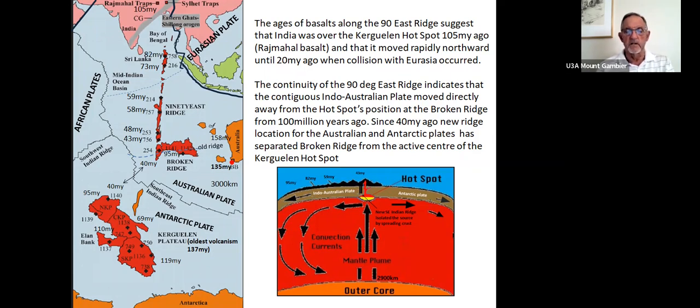If you think of a little diagram like that inset, where the plates today are separating from the Antarctic ridge, which is south or to the right of that hotspot. In the past, they were to the north.